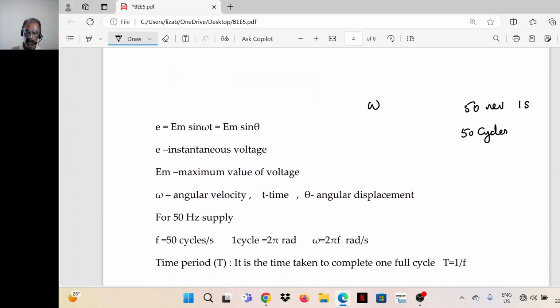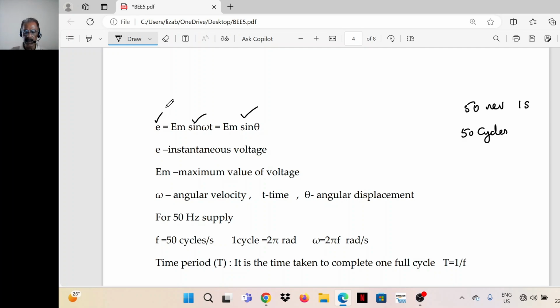So E is the induced EMF. We can express it as Em sin omega t, or Em sin theta. Theta is the angular displacement, omega is the angular velocity, t is the time. Small e means the instantaneous voltage.